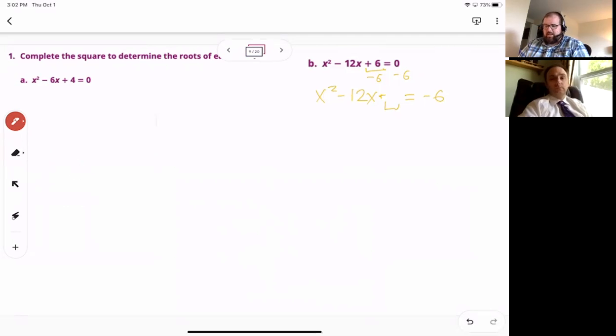And if 10 gave me 5, you might think that you're cutting that in half, and literally that's what you're doing. So here we're thinking about this as negative 12 is going to give us negative 6. And if we went from 5 to 25, that was by squaring. I'm going to square that negative 6, and that's going to give me a 36. That's the magic number that would make this what we call a perfect square.